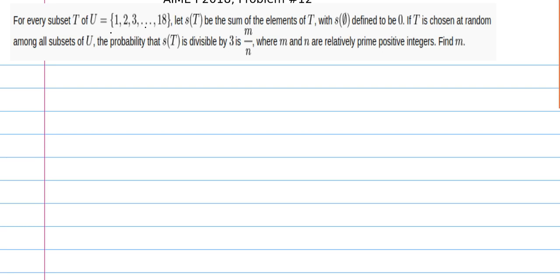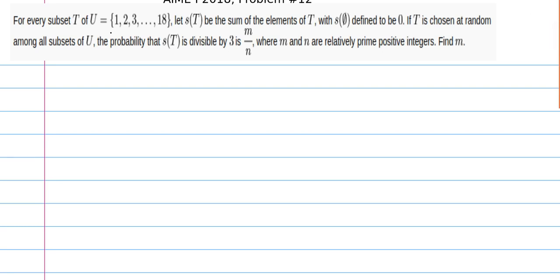So for every subset T of U, which is the set of positive integers up to 18, let S of T be the sum of the elements of T, with S of the null set defined to be 0. This means just an empty set.